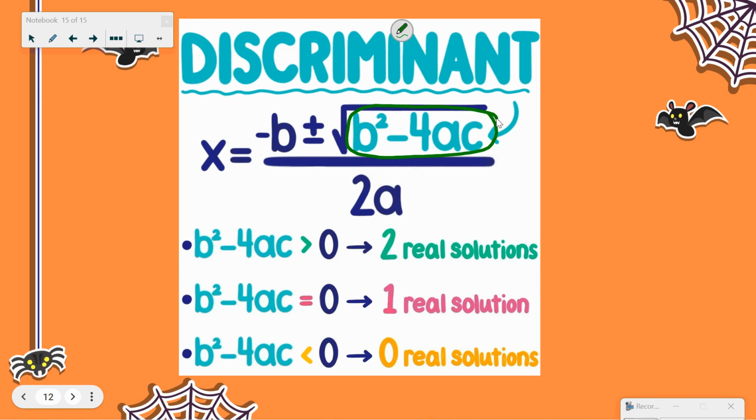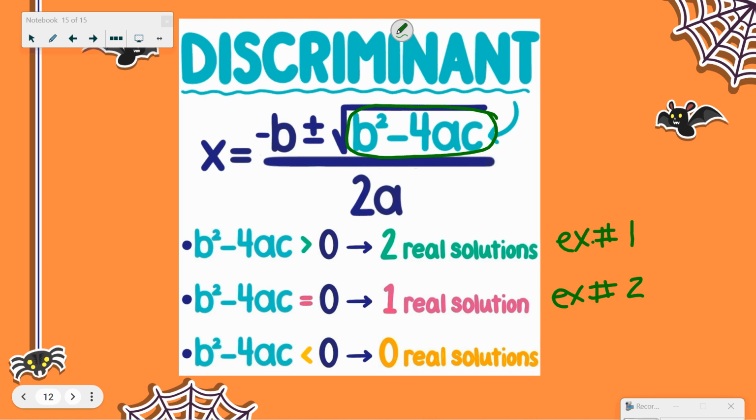If my discriminant ends up being a positive number, just like in example number 1, you're going to end up with 2 real solutions. If my discriminant equals 0, that was just like example number 2. You're only going to end up with 1, right? Because you're going to plus or minus nothing. So that only gives away 1 solution.